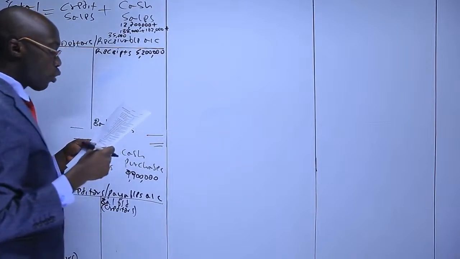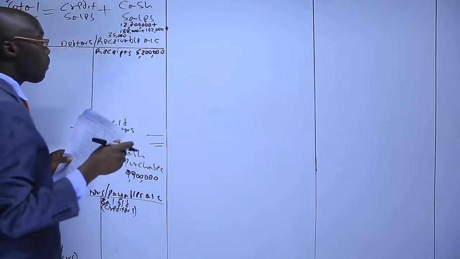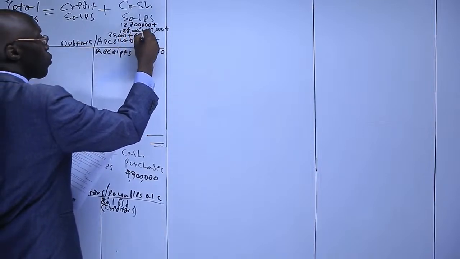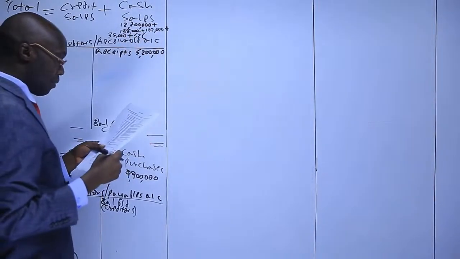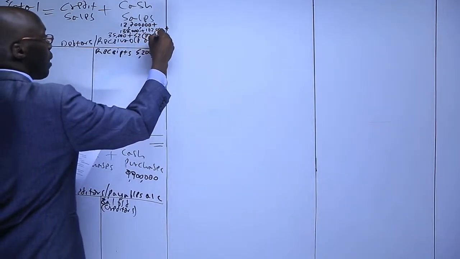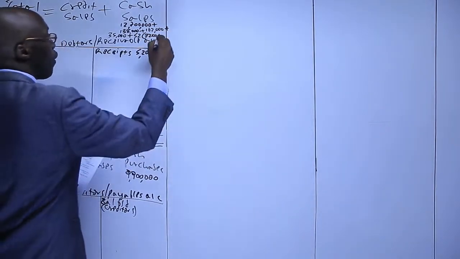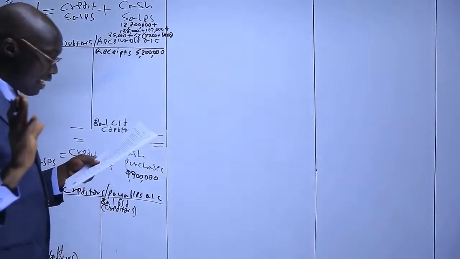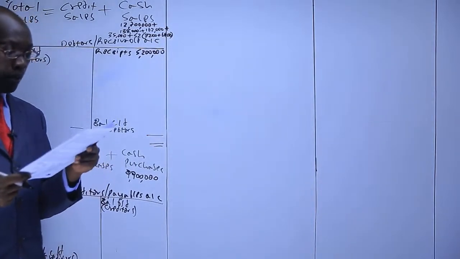Then weekly drawings by Karimu and Shika. So weekly drawings for the whole year, it has to be for the 52 weeks. So 52 weeks times the weekly total, which is 7,200 plus 6,400, and that ends there. From there we go to number 2.